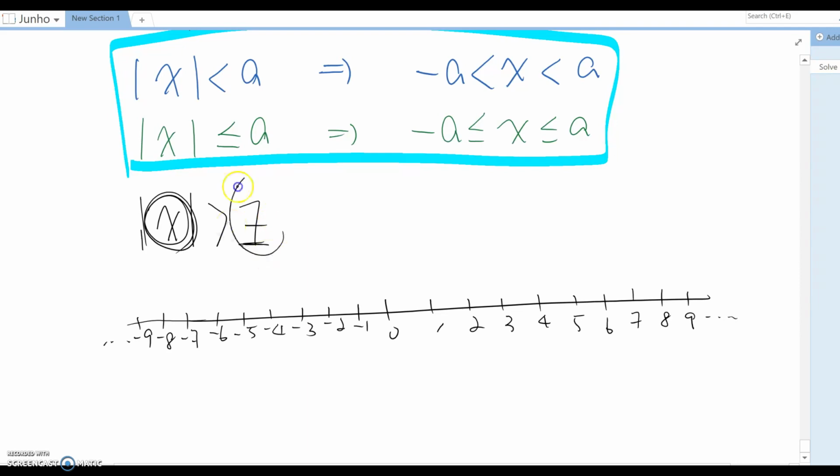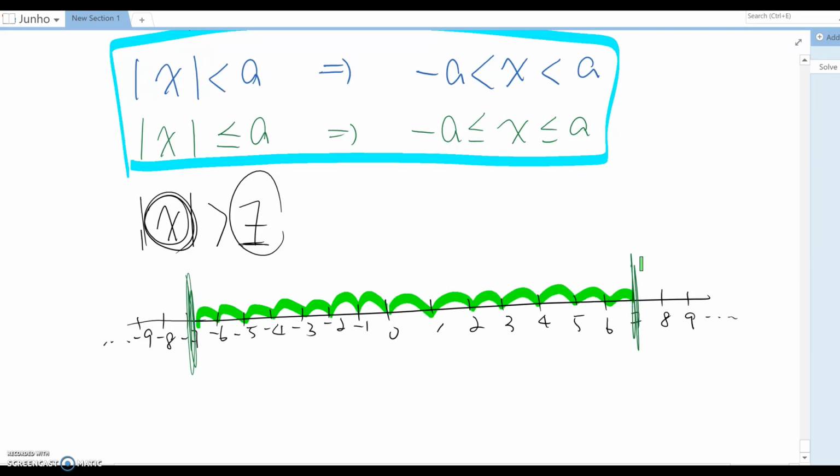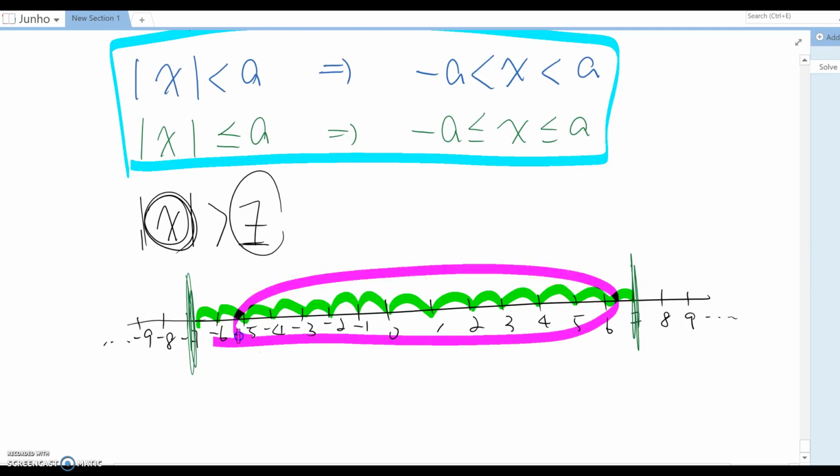So based on equality or equation, now we can set up the boundary values, which are negative 7 and 7 here, right? They are all 7 units away from 0 here, right? And then similarly, any value between here will be less than 7 units from the 0, right?